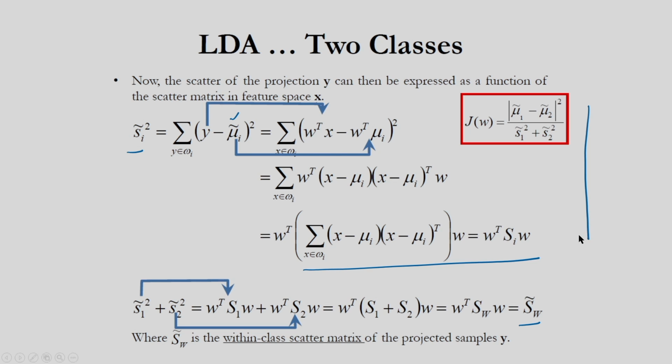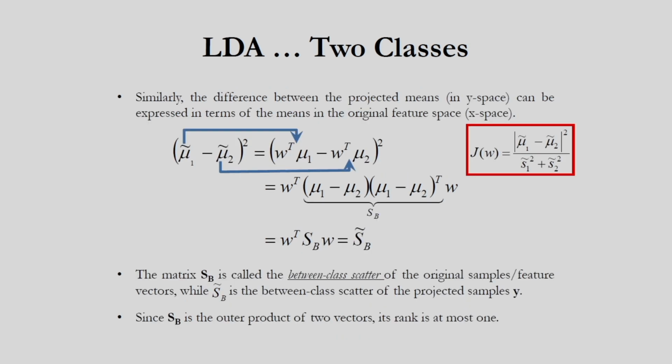This is a very simple derivation. Because I am considering the projected means, the projected means are mu1 tilde and mu2 tilde. The separation between these two projected means should be maximum. So I am determining Wt mu1, which corresponds to mu1 tilde, and mu2 tilde is nothing but Wt mu2.